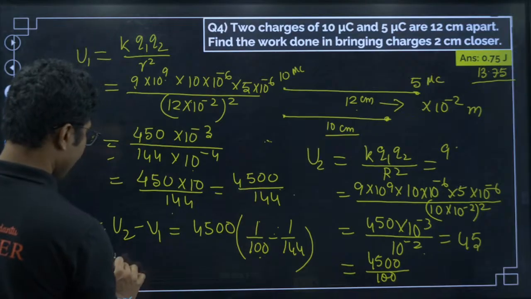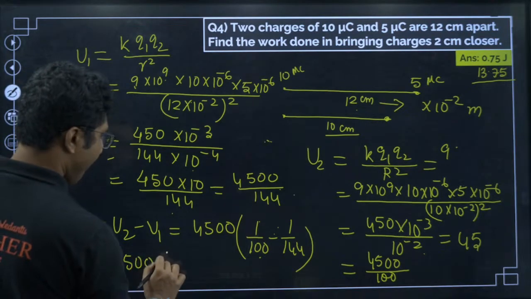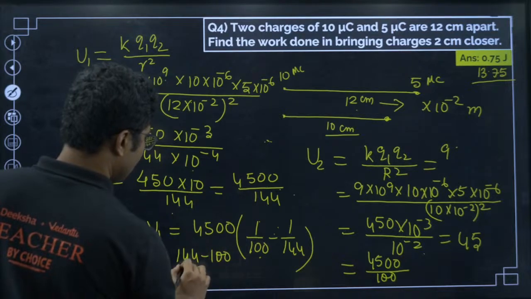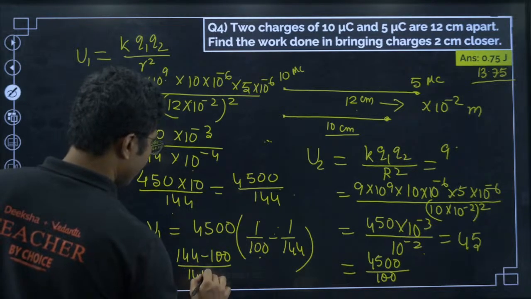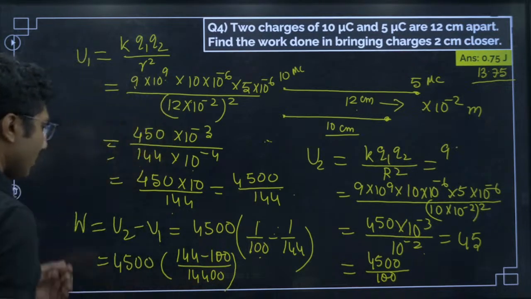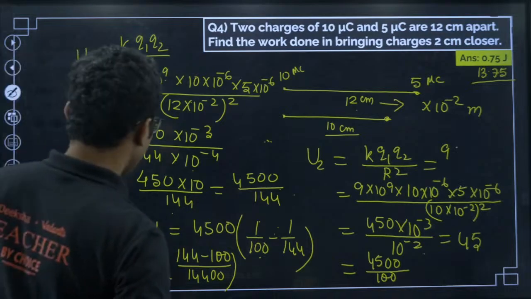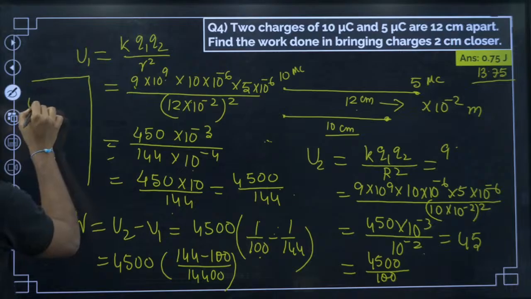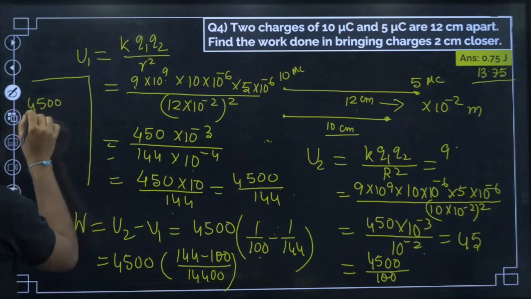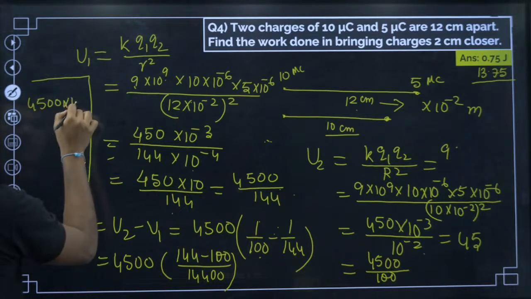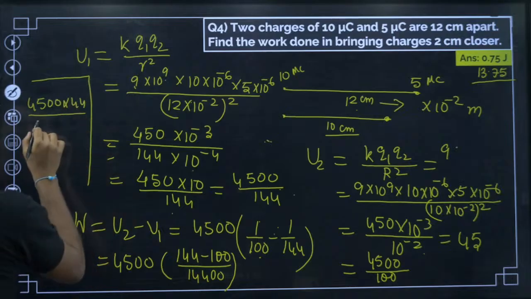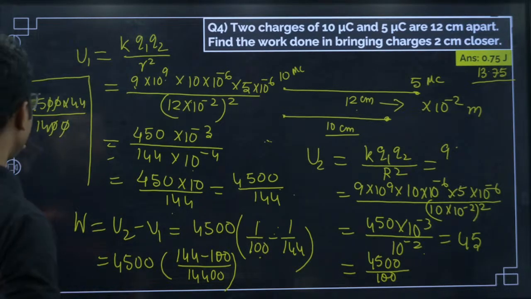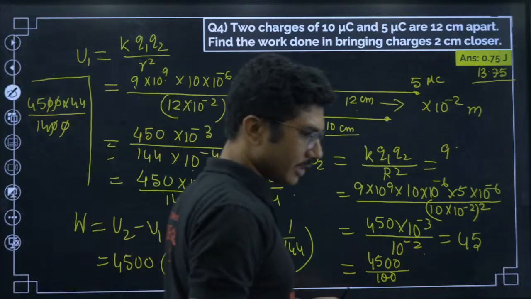It will be 4500 into 144 minus 100 divided by 1400. I am running out of space. It will be 4500 into 44 divided by 1400. So 00 cancels. So 45 into 44 divided by 14.